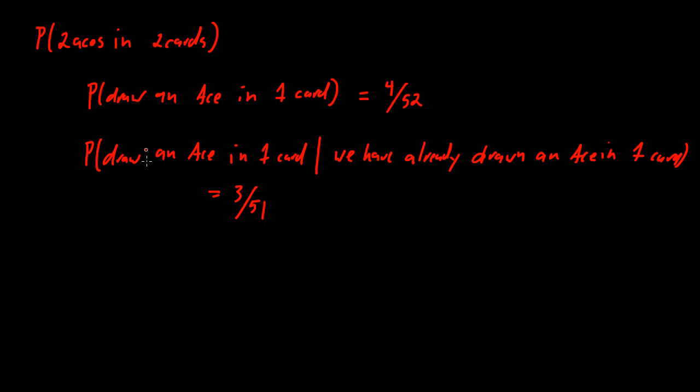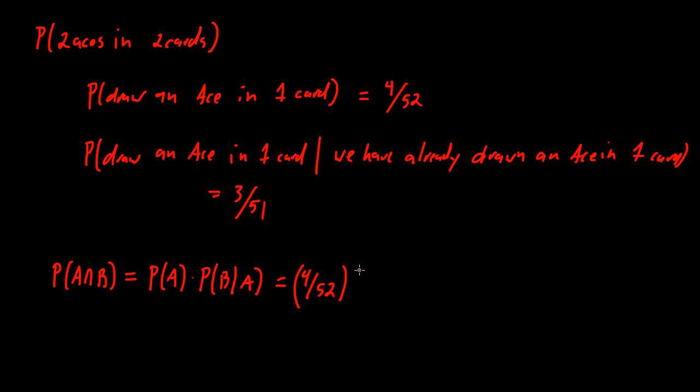So we now have all the pieces that we need to calculate the probability of drawing 2 aces in 2 cards. The probability of A intersect B, where we draw 1 ace in our first card and 1 ace in our second card, is equal to the probability that we draw an ace, the probability of A, times the probability that we draw another ace, given we've already drawn our first ace, so the probability of B given A. That is 4 out of 52 times 3 out of 51.